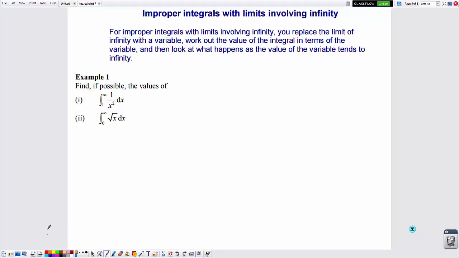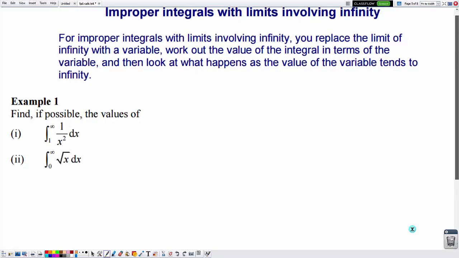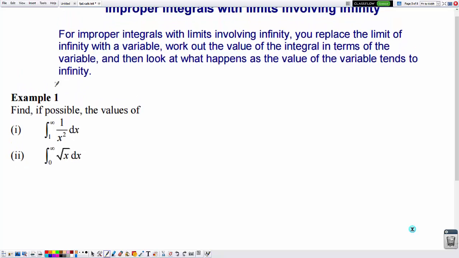So let's look at the first example. We're going to work out these 2 integrals, and let's do the first one. We're going to work out the integral between 1 and infinity of 1 over x squared dx. And we can't do this directly; the problem is this infinity. So we're going to replace that infinity with a letter. It could be any letter, but don't use x or y.